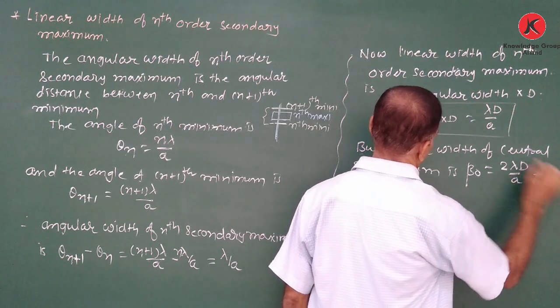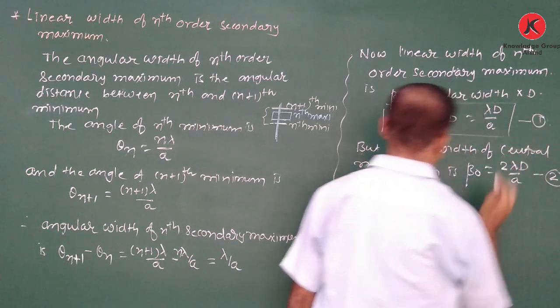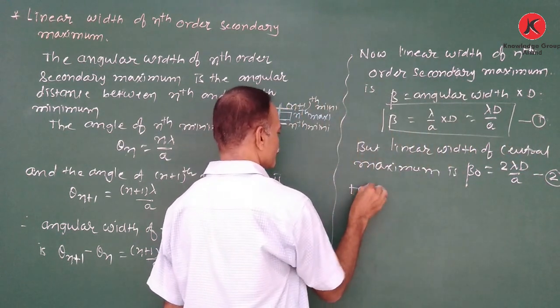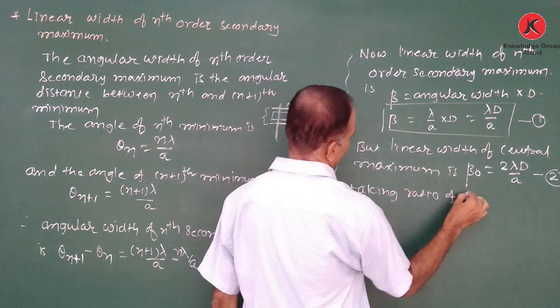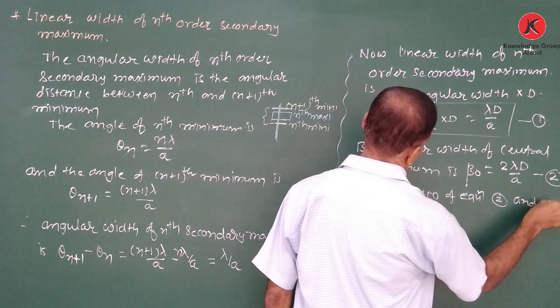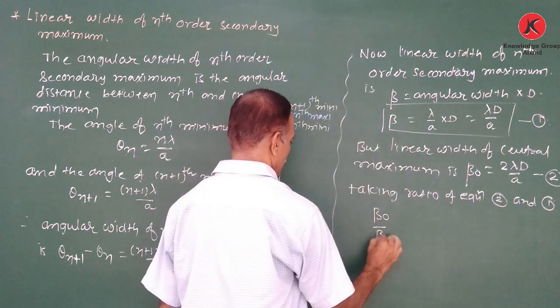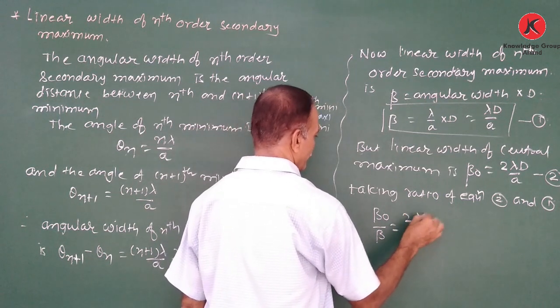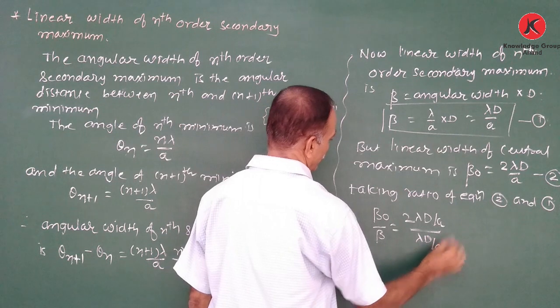That is equation number 1, and that is equation 2. Taking the ratio of equation 1 and 2, beta 0 upon beta is equal to 2 lambda D upon a over lambda D upon a.